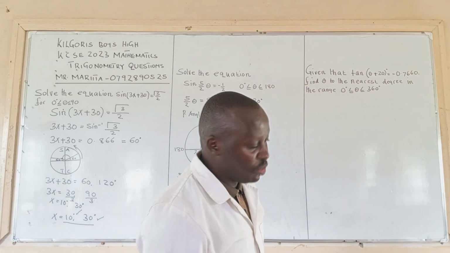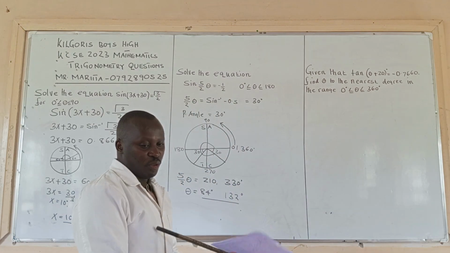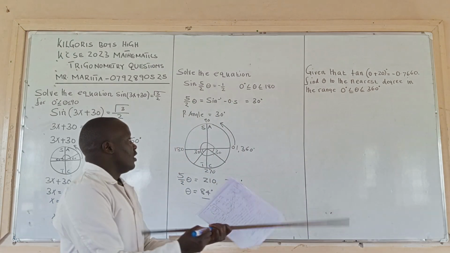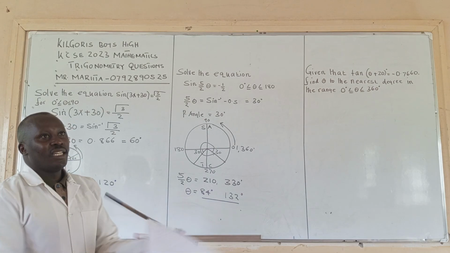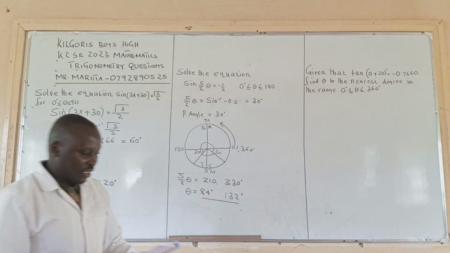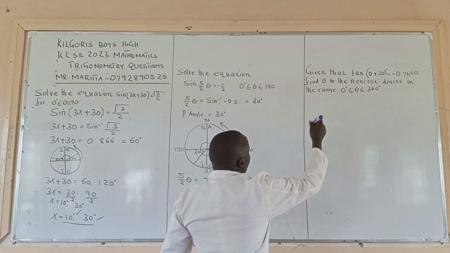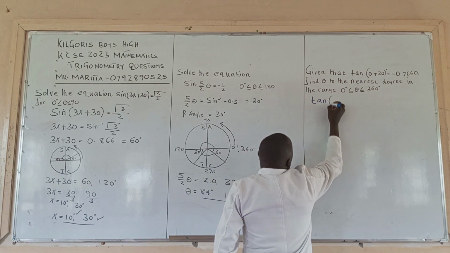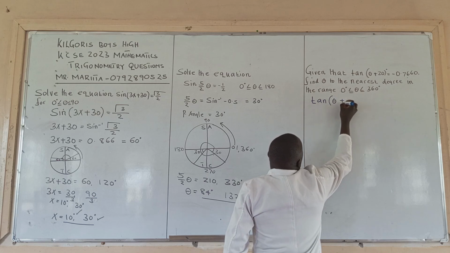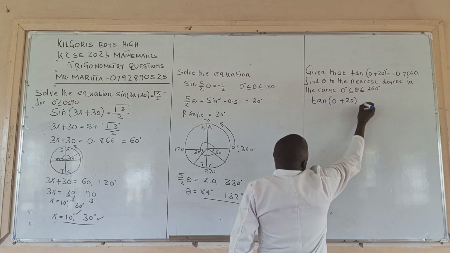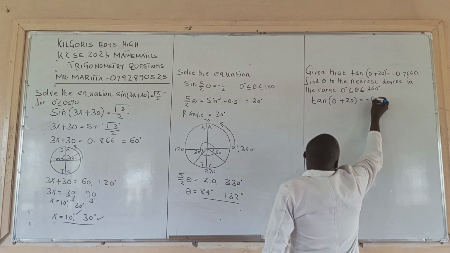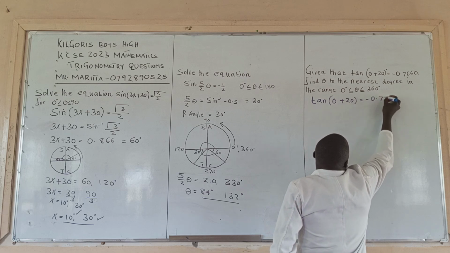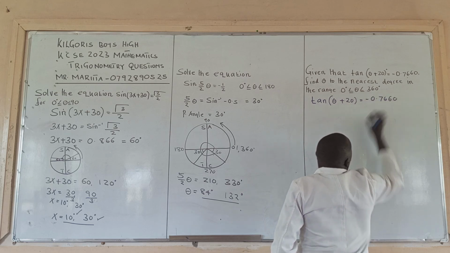So theta is between that range of 0 degrees and 360 degrees. So we can say that we have tan of theta plus 20, giving us negative 0.7660.